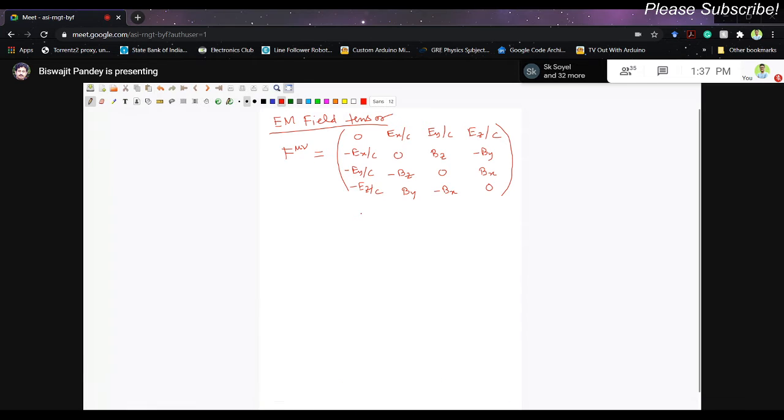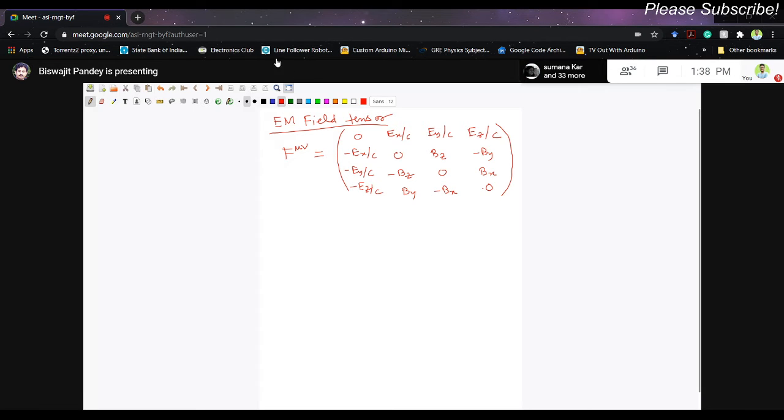And we have also seen how it transforms from one inertial frame to another, and how its components transform under a Lorentz boost. Some elements can vanish in certain frames, whereas some zero components can be non-zero in other frames.